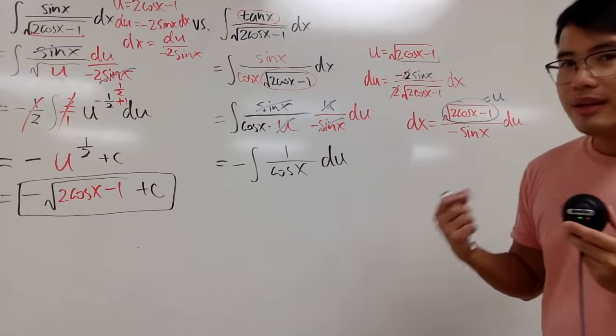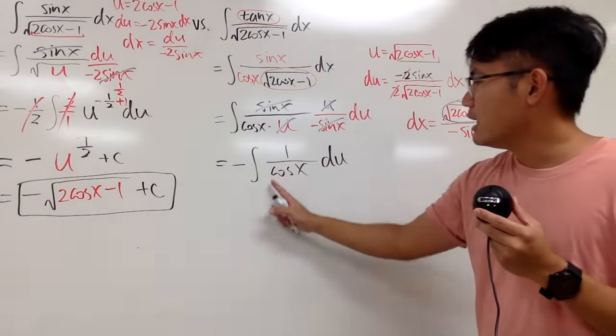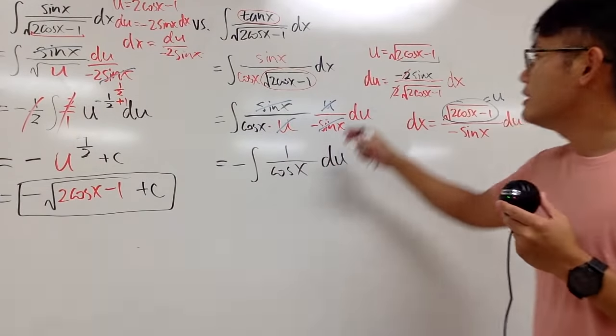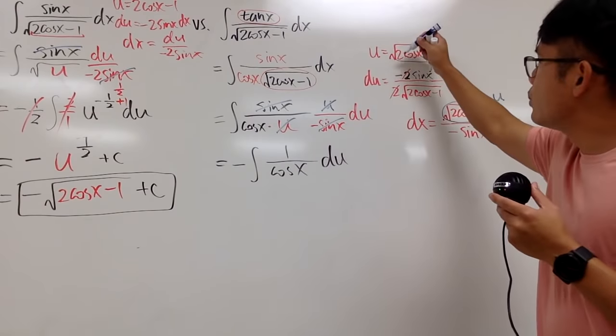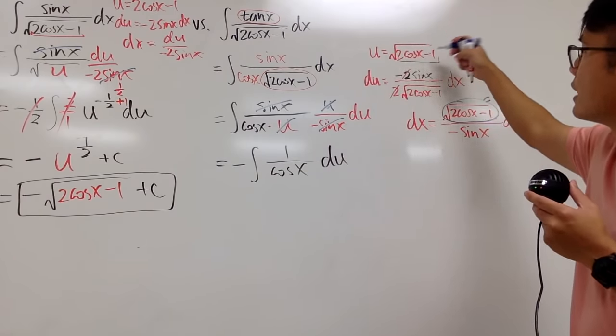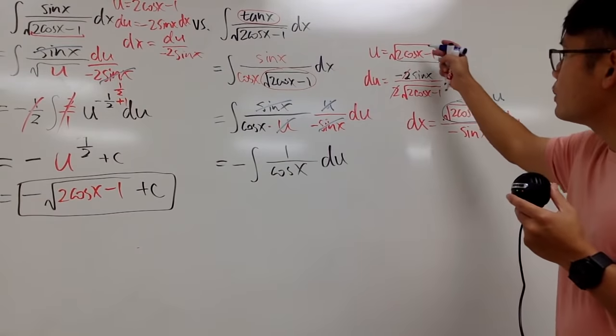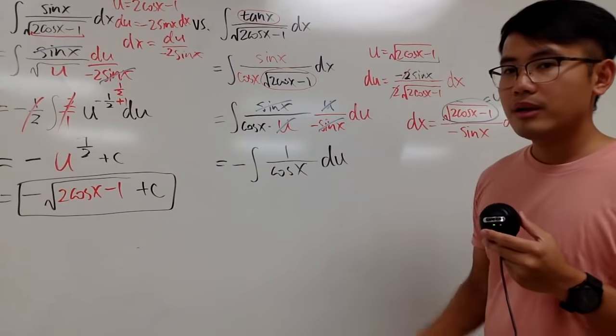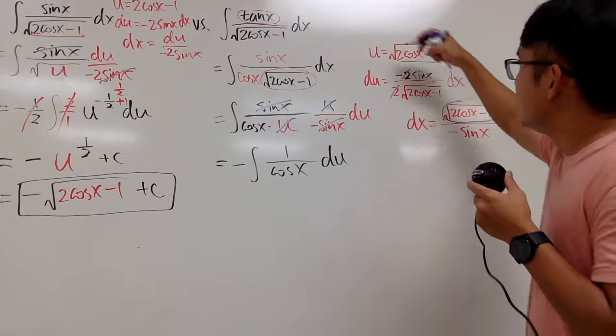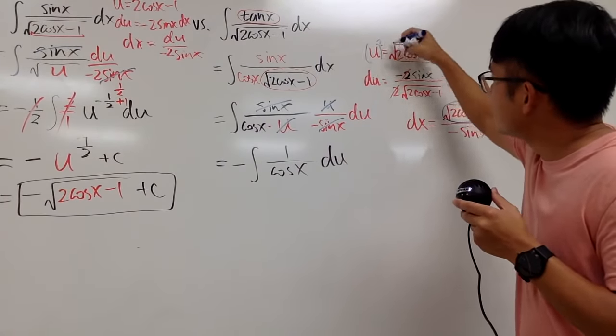So we cannot really do any integration yet, but it's okay because if you look at cosine x, let's just refer back to our definition of u. We chose that u is equal to square root of 2 cosine x minus 1. Well, I want to isolate cosine x from here so that I can put that in here and we will be in the u world. Let me do that by squaring both sides first.